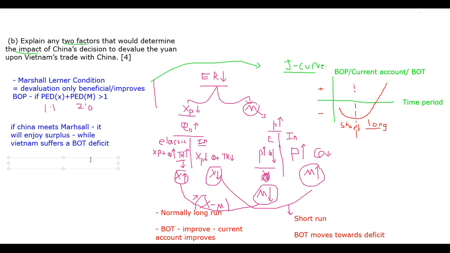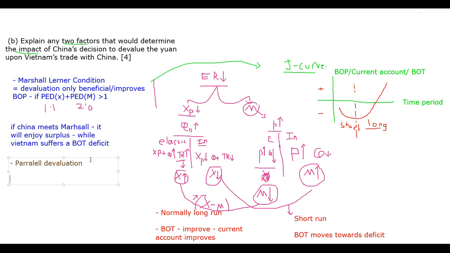The second factor might be other conditions. I'll take parallel devaluation, because that's something that was given in the case study as well. What I mean by parallel devaluation is that China devalued, but to what extent has Vietnam simultaneously devalued its own currency?